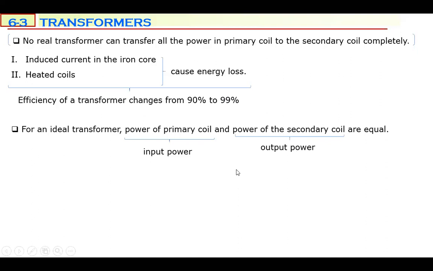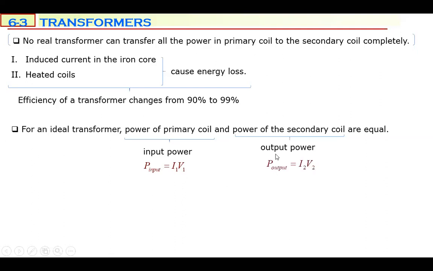What is the power equation in terms of electric current and potential difference? We know that, we have proof. For input power, it is I1 times V1. I1 is the electric current in the primary coil. V1 is the potential difference of the primary coil, which gives the input power.